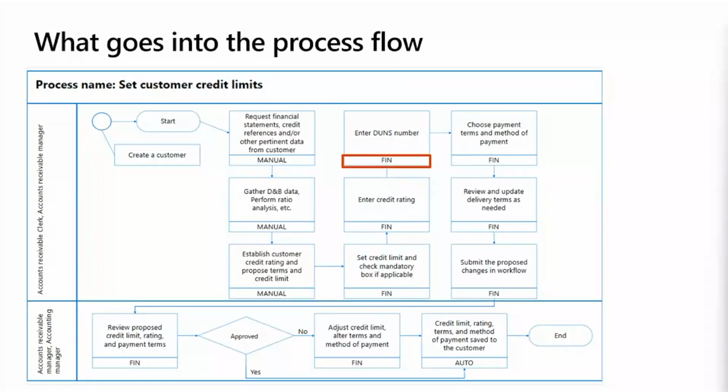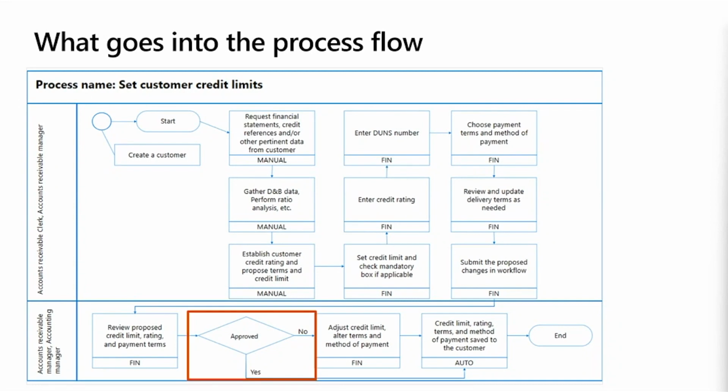So you'll notice that some of the boxes in my particular sample process flow are manual, and we've used the abbreviation FIN for processes that are done inside of Dynamics 365 Finance. We have an article, which I have a link to, and I'll show it to you a little bit later on, that actually has all of the abbreviations that are okay to use.